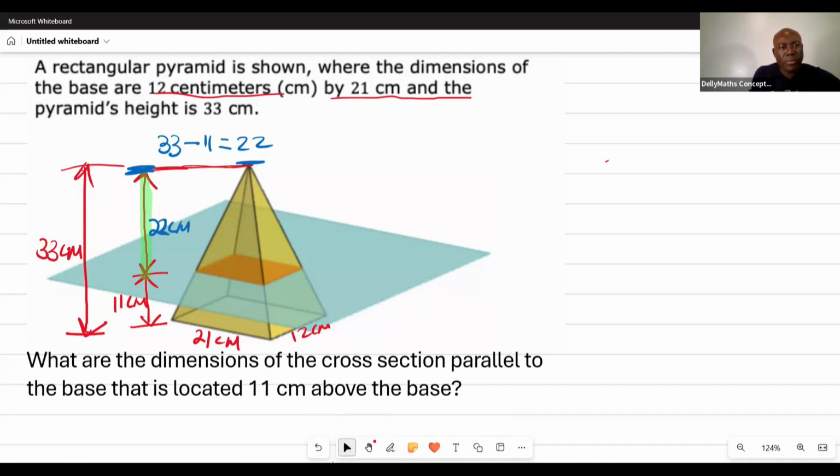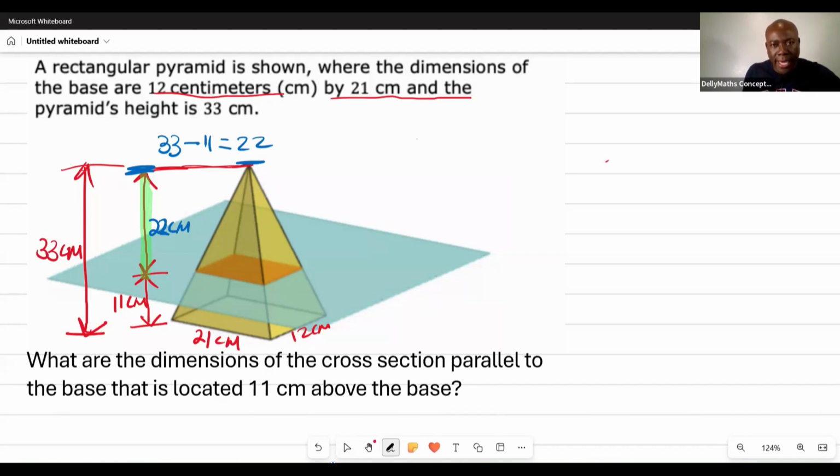Now, having that, there are two things that I have here. I have already established that the two pyramids are similar, okay? Because one was just a slice of the other one, so they are similar. Their heights are in proportion. So what I'm going to do is find the ratio between the corresponding heights that we have here.